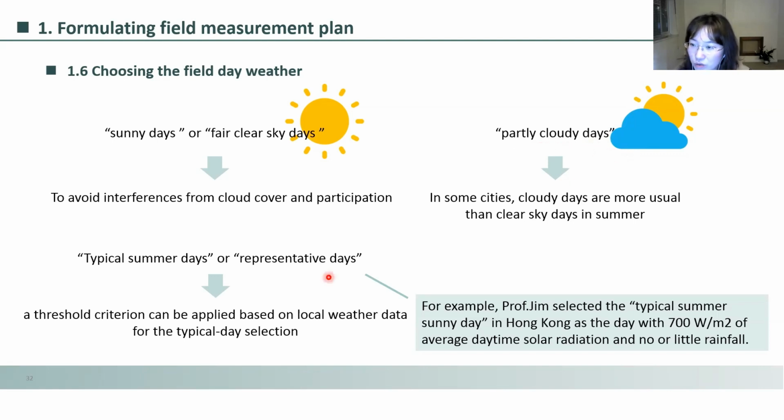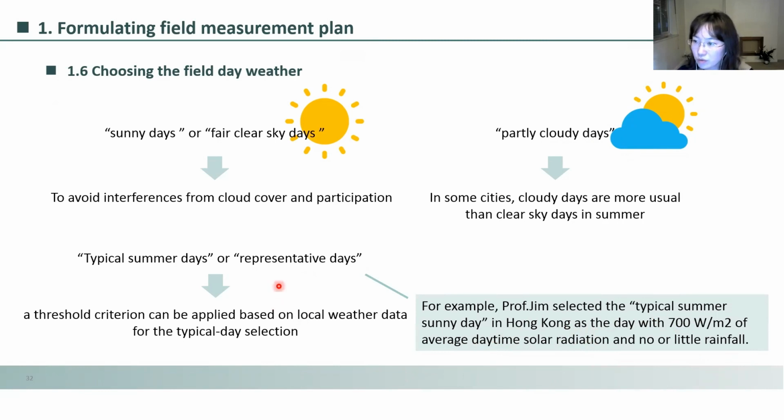And some researchers will use the so-called typical summer days or representative days. For example, Professor Jim selected the typical summer sunny day in Hong Kong as the day with 700 watts per square meter of average daytime solar radiation and no or little rainfall.